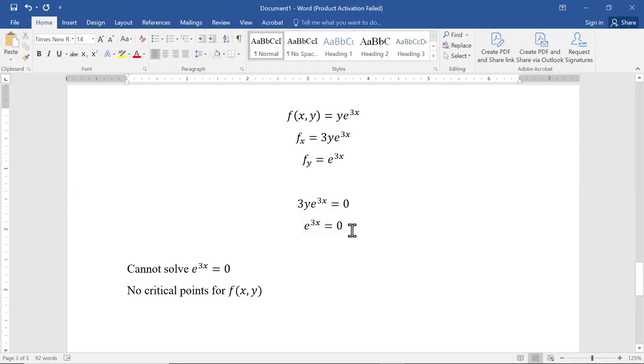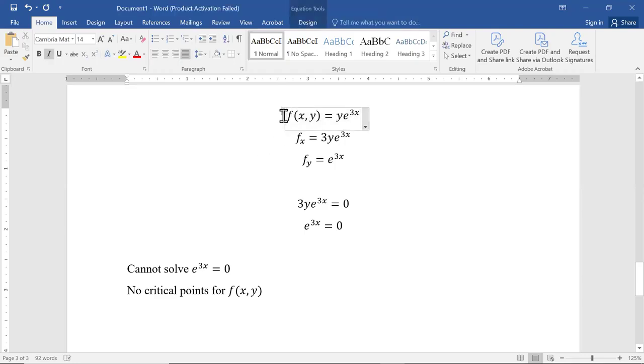The second equation is the troublesome one. So there's no value of x you can plug in to get that second equation to actually be true. So therefore, there are no critical points, and there are no relative minimums, no relative maximums, no saddle points in the graph of this surface.